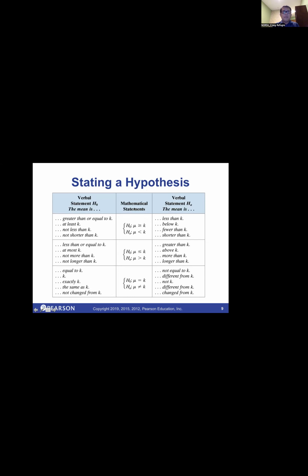To the left are the verbal statements of the null hypotheses, stated in words. If you're not mathematically inclined, the mathematical statements in the middle may not be understood. However, we have to relate them to words, to statements in the English language.